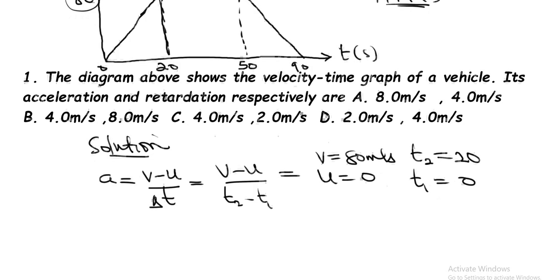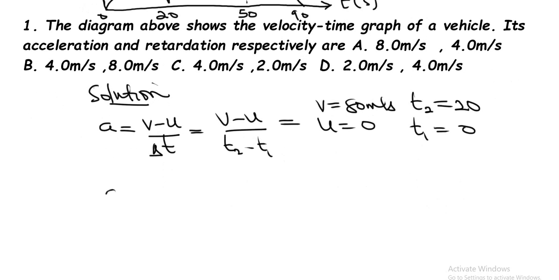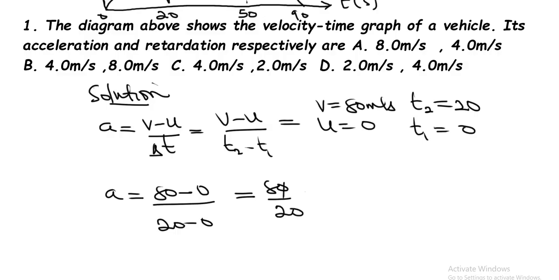Now substituting this into the equation, we have the acceleration equal to 80 minus 0, divided by t2, which is 20 minus 0, and that gives us 80 over 20, and this will give us 4 meter per second square.